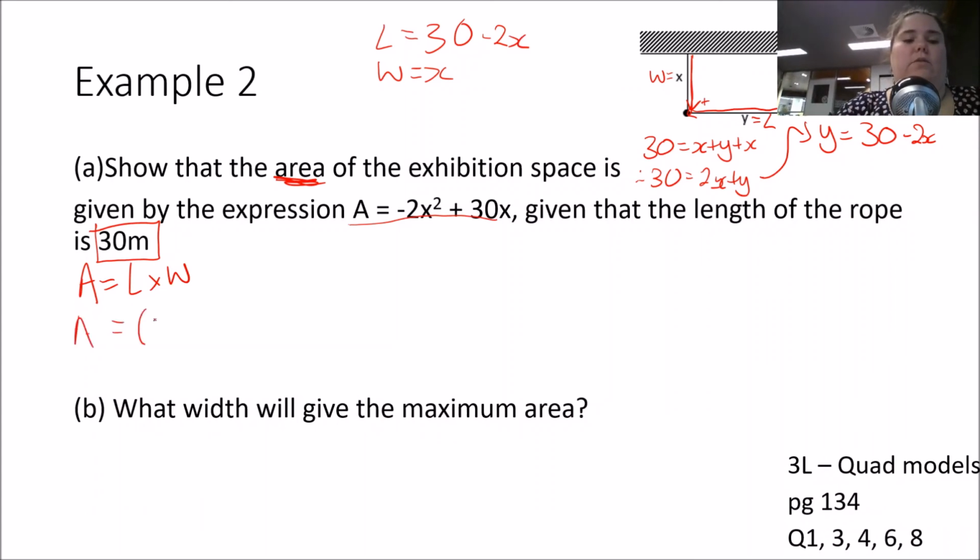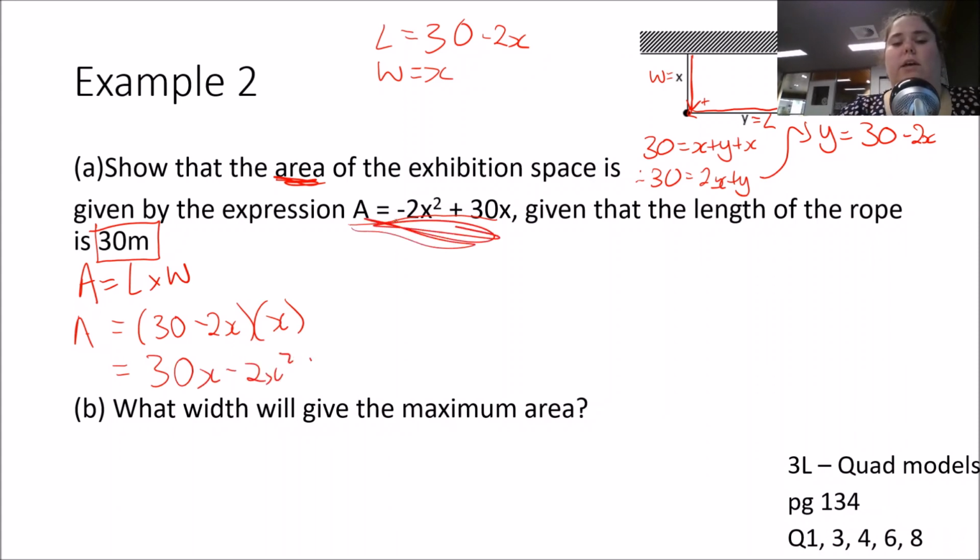So area equals 30 minus 2x times my width, which is x, which gets me back to the equation they started in the question. So I am good. I found it. What width will give the maximum area? Okay, maximum. There it's asking for my turning point.